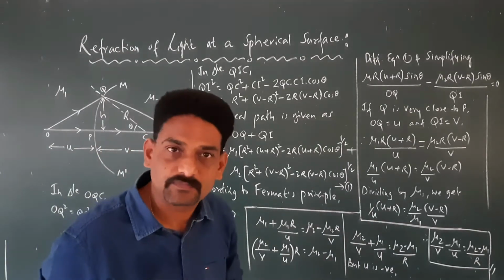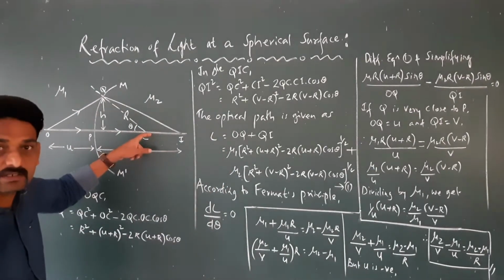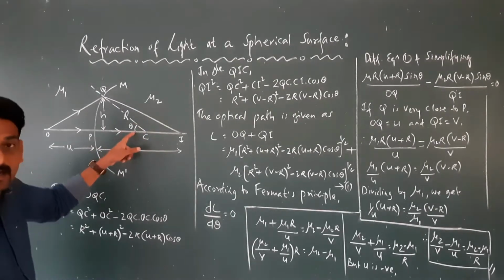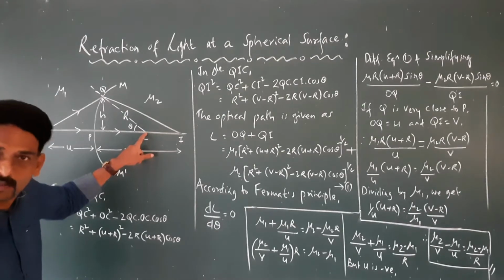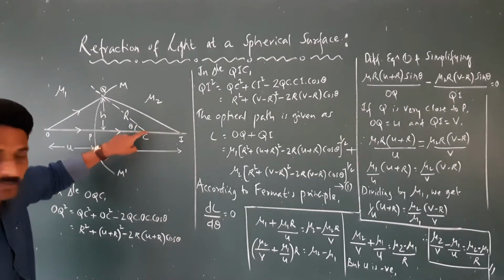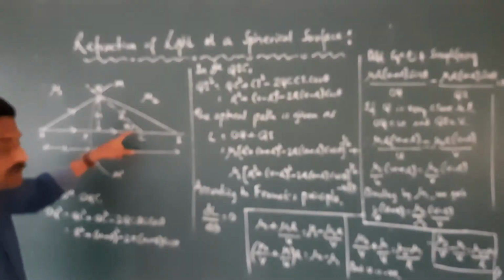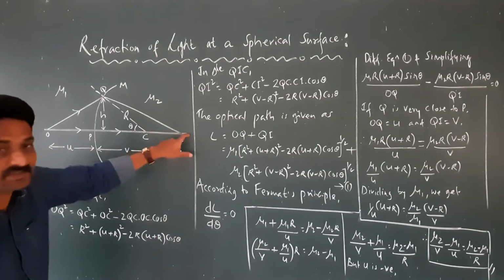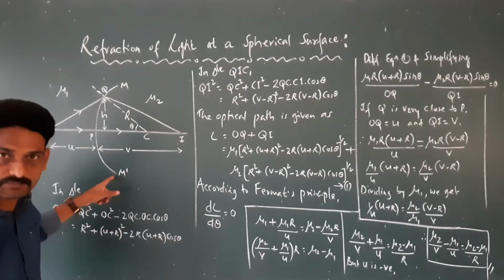This radius of curvature is making an angle of theta with respect to the principal axis, which is passing through the spherical surface M dash, right?